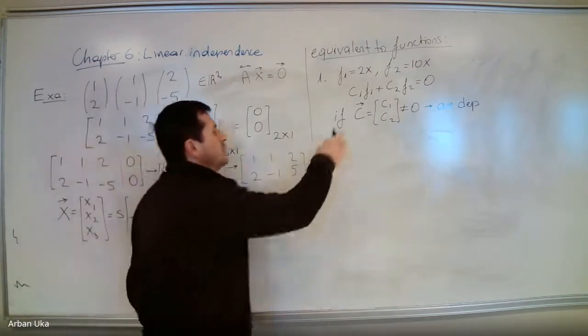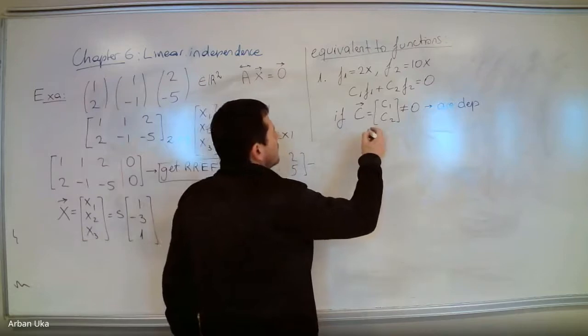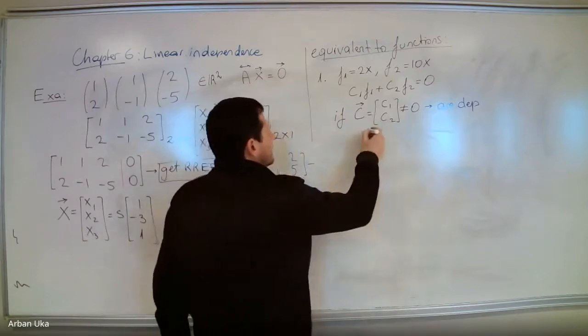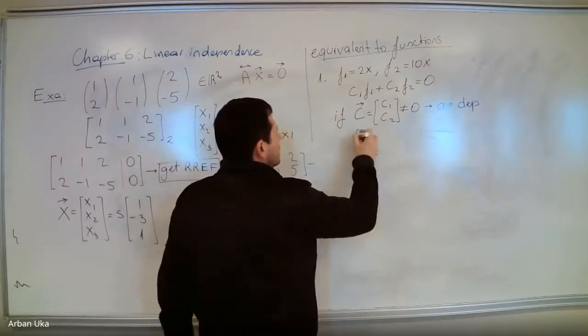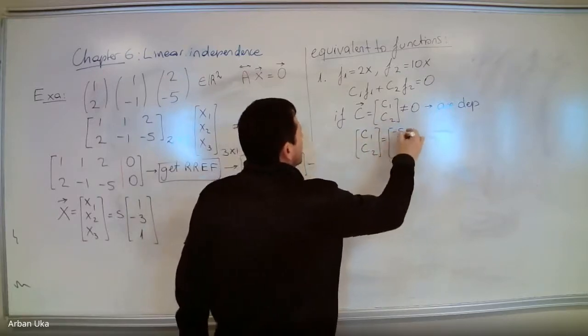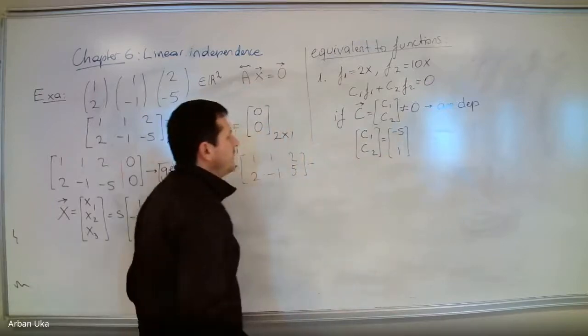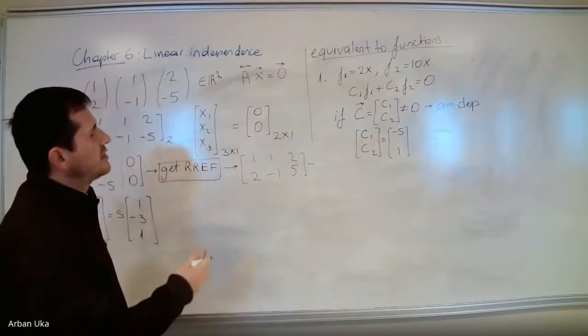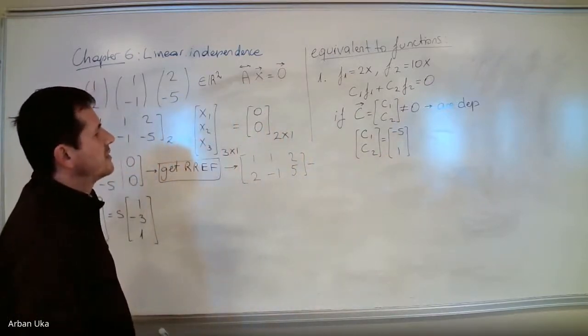So in this case, what would be the solution? We can get c1 and c2 equal to -5 and 1. So this is a linear combination which easily gives us a 0.